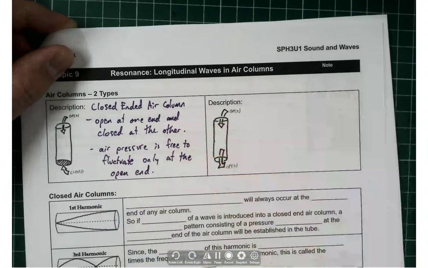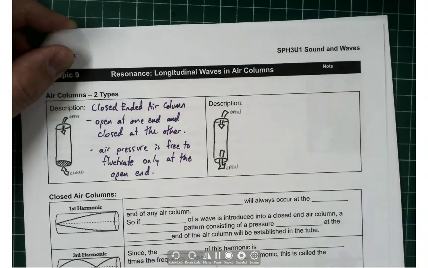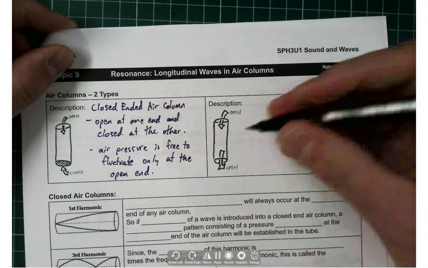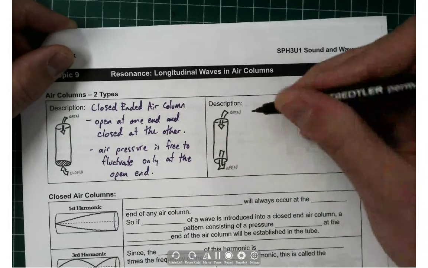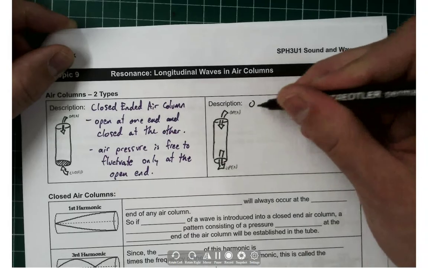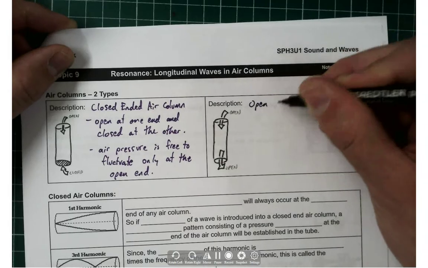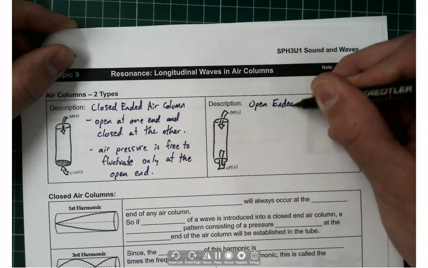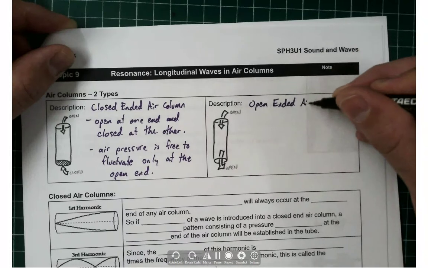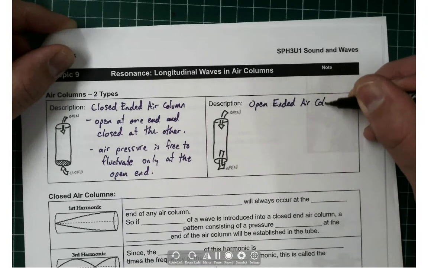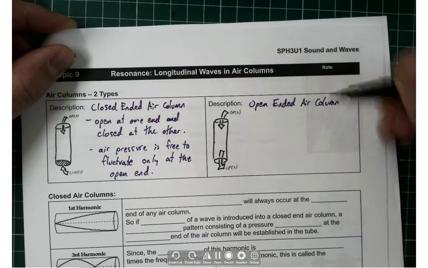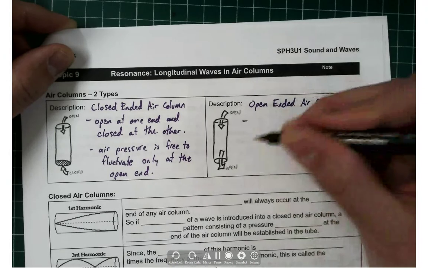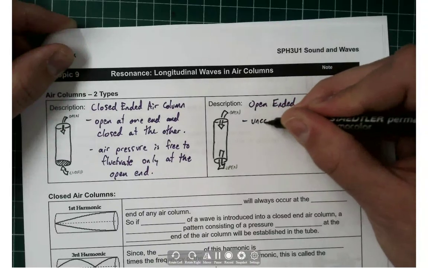Now, of course, if there's an air column that's open at one end and closed at the other, there's also one that's open at one end and open also at the other end. And we call this one the open-ended air column. And that same physics friend that I have calls this one the open-open. Anyway, it's uncapped at both ends.